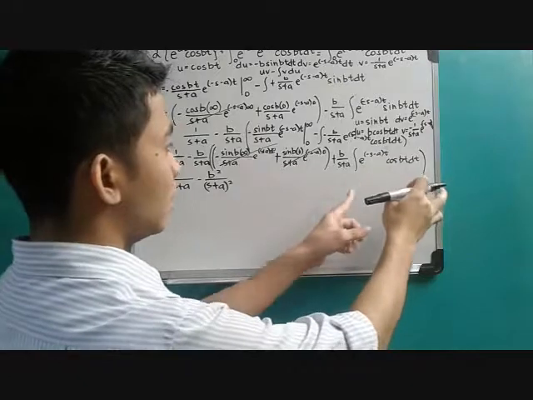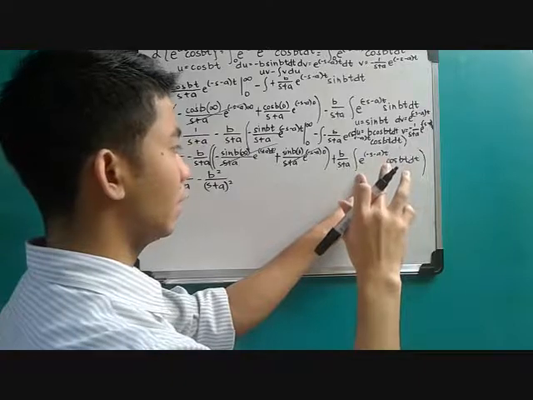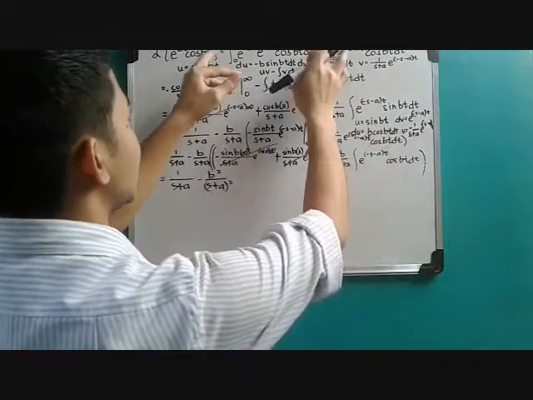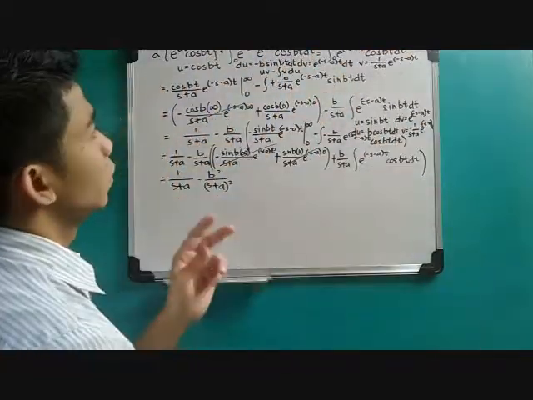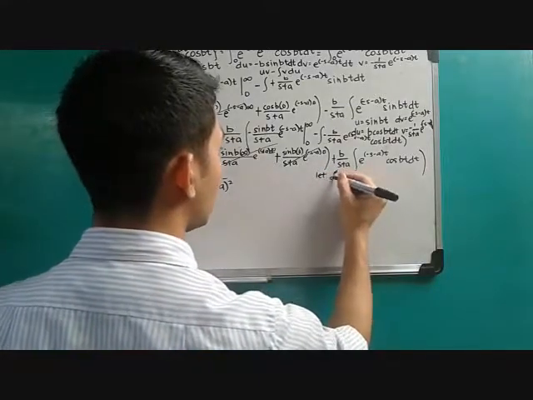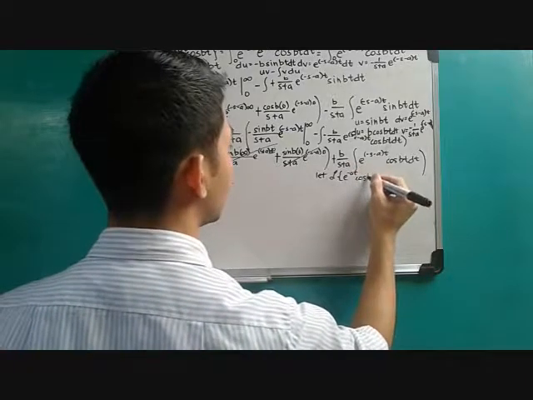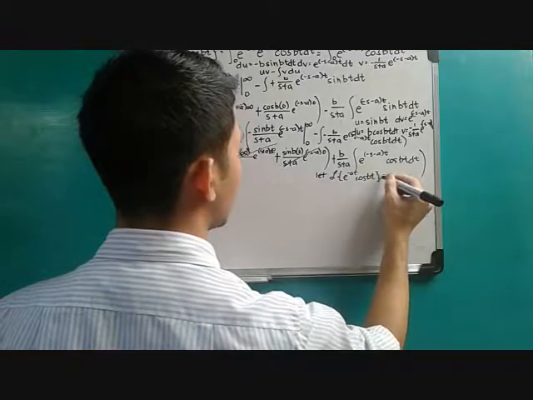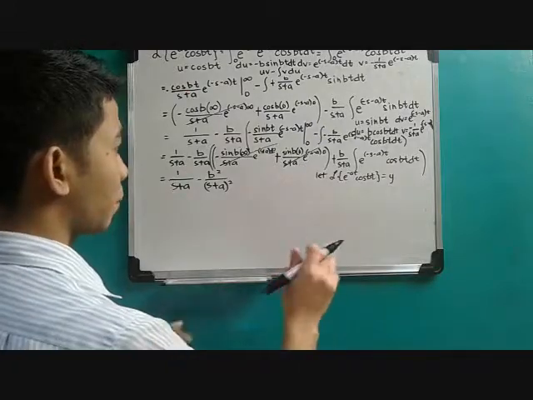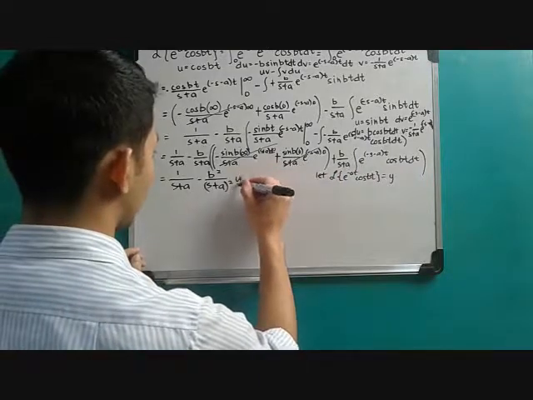And as you can see, the integration of e raised to the quantity negative s minus a times t cosine bt dt is almost the same as the equation here at the top. So you can let the Laplace of e raised to negative at cosine bt be equal to y. So this will become y times this factor here.